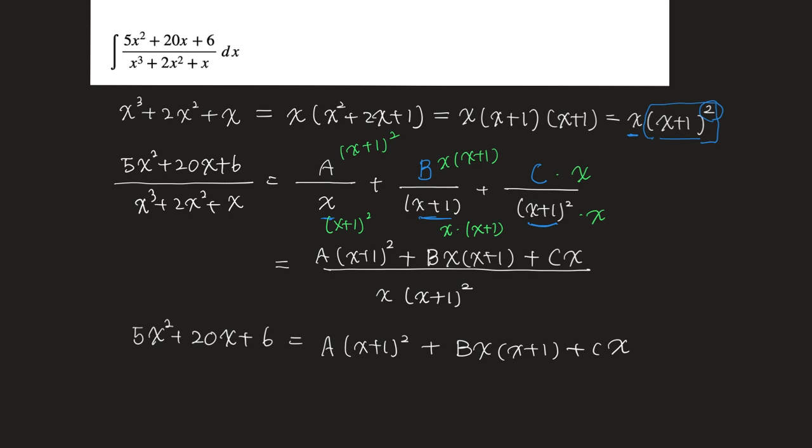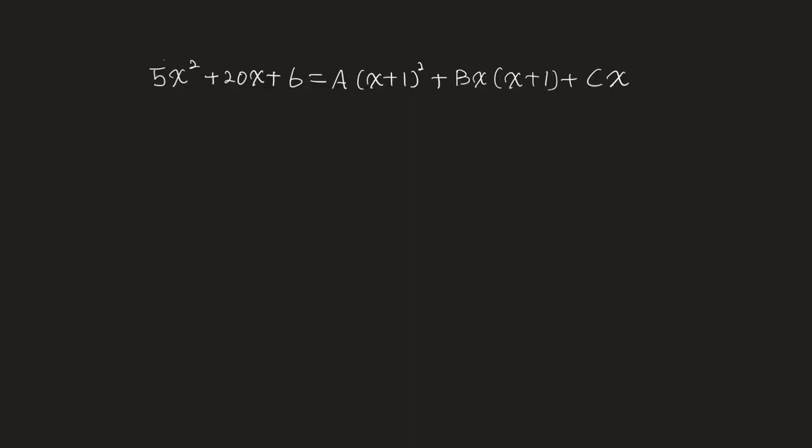So we have to find A, B, and C. How are we going to find them? I introduced the previous example of plugging in numbers to find A, B, and C. Same thing we're going to try here.